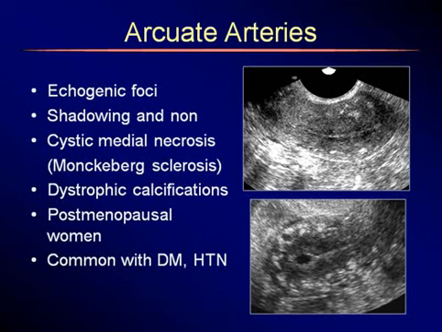It is more common with diabetes and hypertension, although that's not to say that a patient who has these does have diabetes or hypertension. So just so that you are familiar with the distribution, 5 millimeters under the serosal surface, echogenic foci.